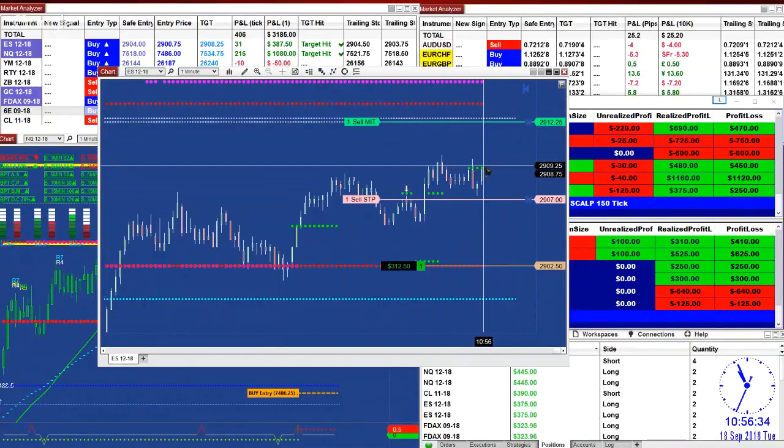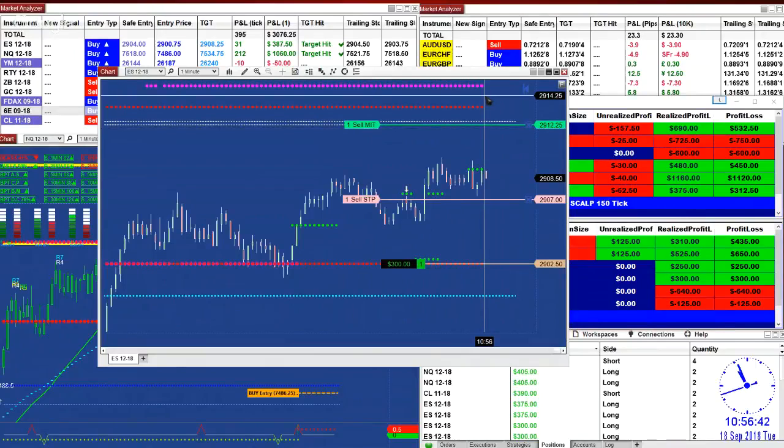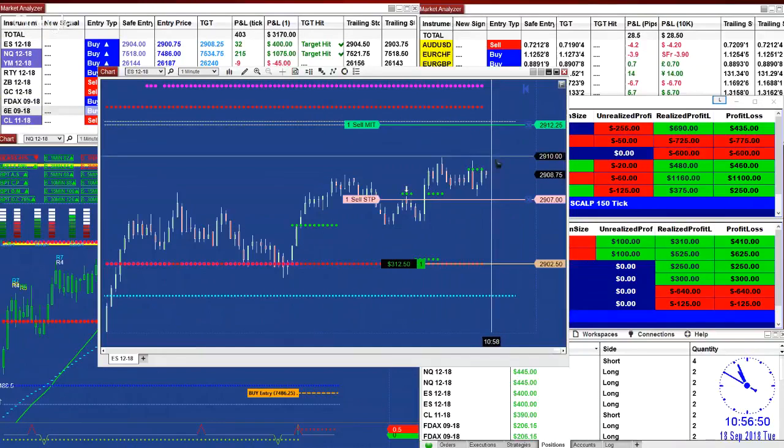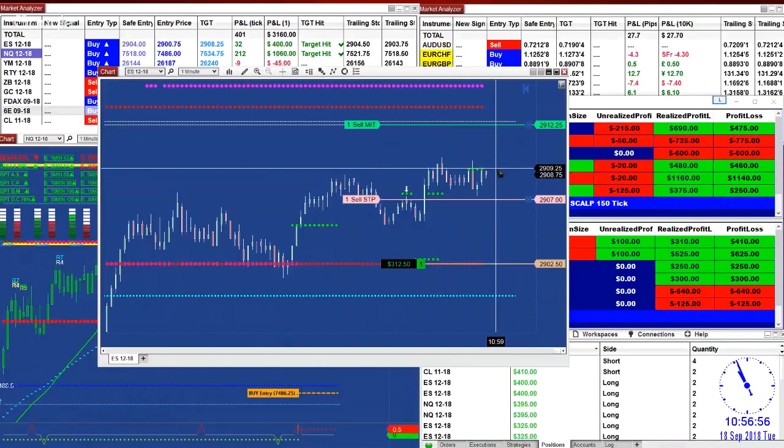If this ES is not able to break that area here, that means maybe it's gonna come and knock us out this time out of that trade. So now we know what's going on in that trade.